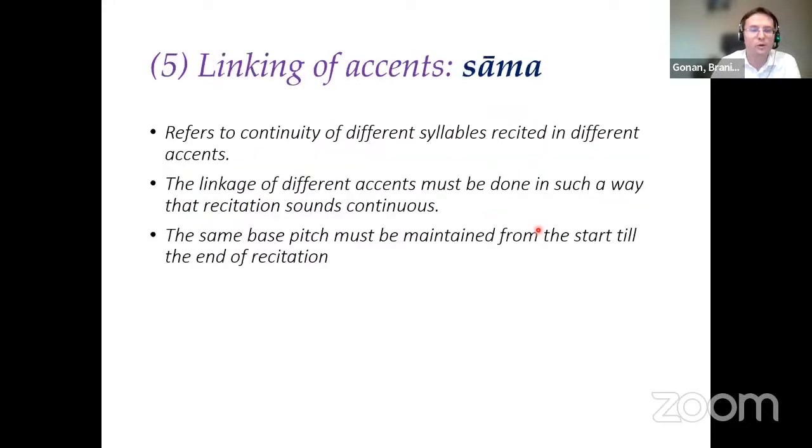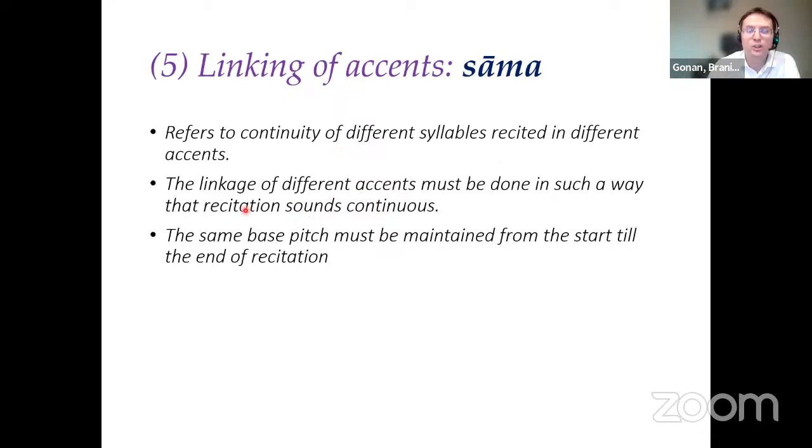Okay. Rule number 5, linking of accents or sama. So this is continuity, right? Our chanting should be done in a continuous way, and we should link all those different syllables according to phonetic changes, so that it sounds uninterrupted and in one flow.